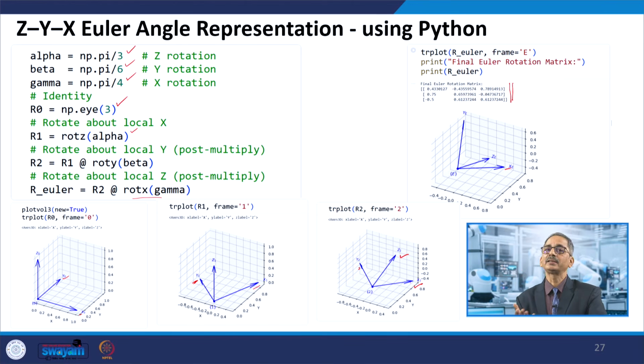Whereas, in the case of fixed angle, we perform rotations about xa axis, then ya axis, and then za axis, and here in the Euler angle representation, we are performing rotation about the rotating axis.